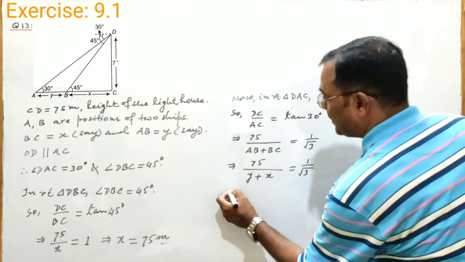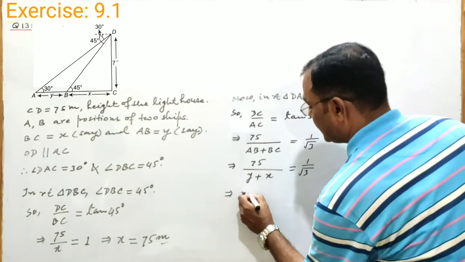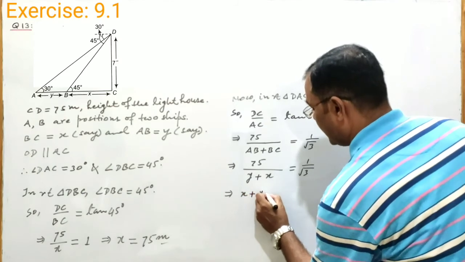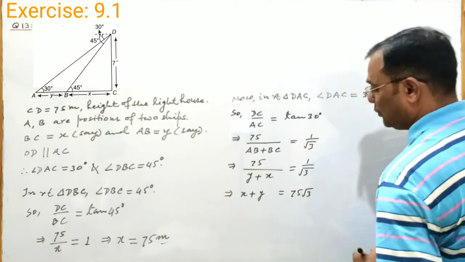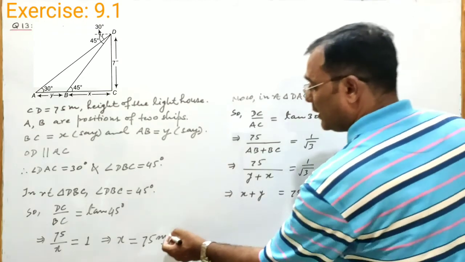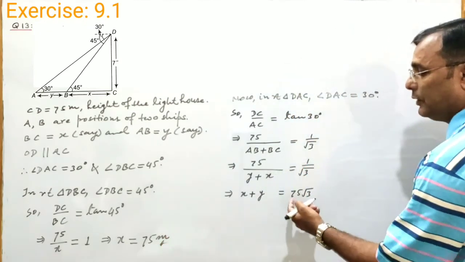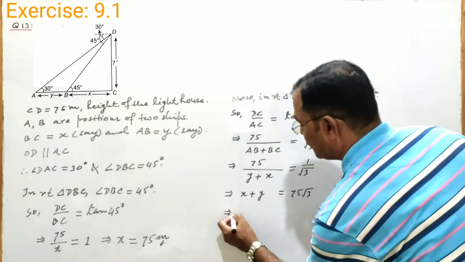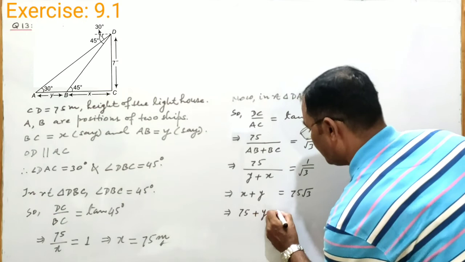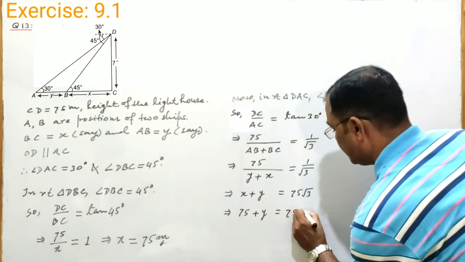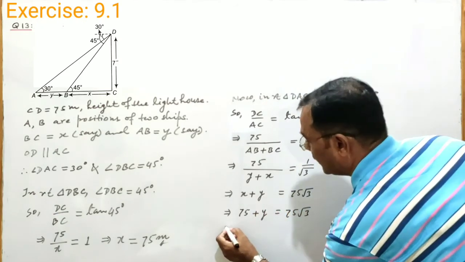If you cross multiply, it is X plus Y equal to 75 root 3, and the value of X is equal to 75. So from here if you put, 75 plus Y equal to 75 root 3.